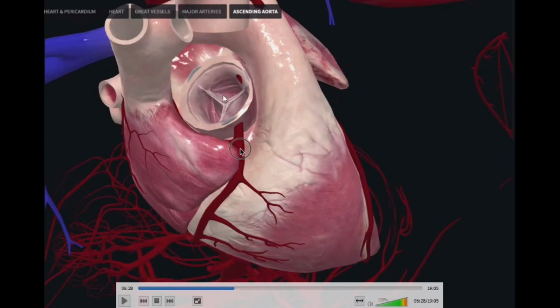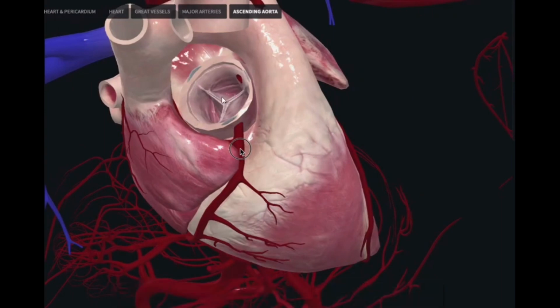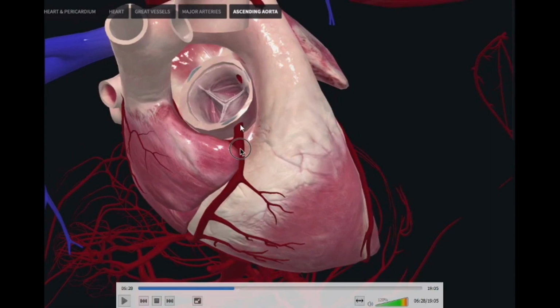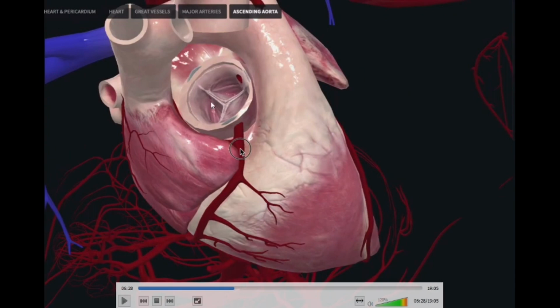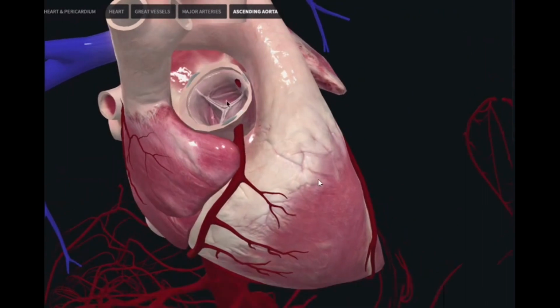Definitely in the aorta, because in the aorta we have the oxygenated blood. So this is the reason the origin of the coronary arteries are in the aorta, which are also known as the aortic sinuses.